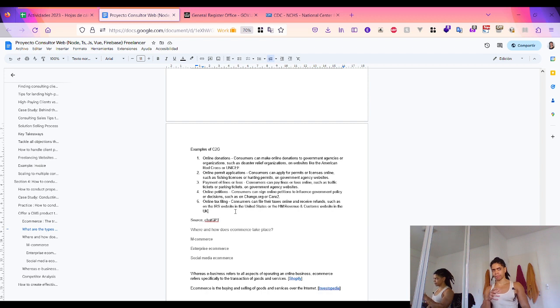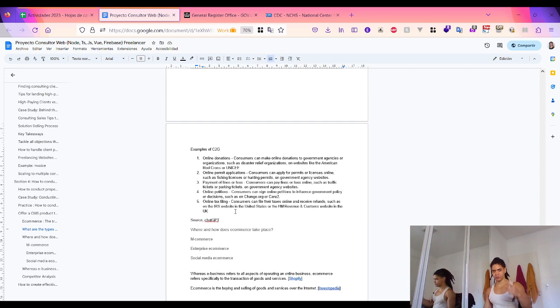Okay, so consumers can make online donations to government agencies or organizations, such as for disaster relief, like the American Red Cross or UNICEF.